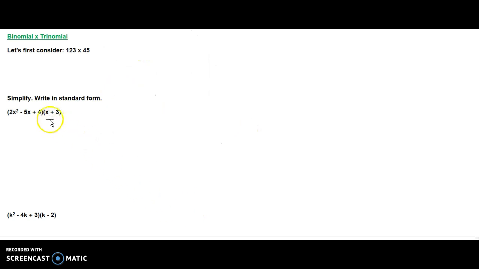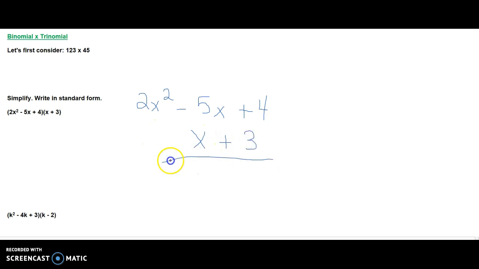We're going to use a similar approach with our binomials and trinomials. So let's take a look. This says 2x squared minus 5x plus 4 times x plus 3.